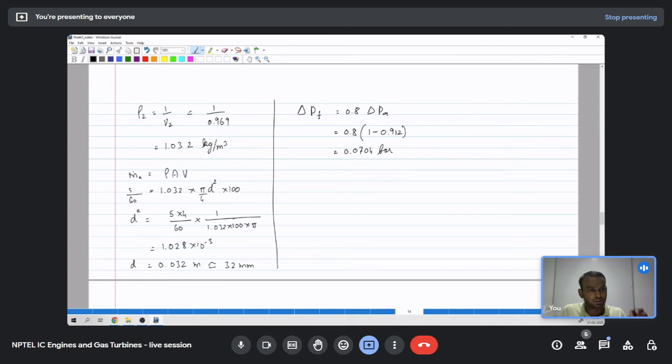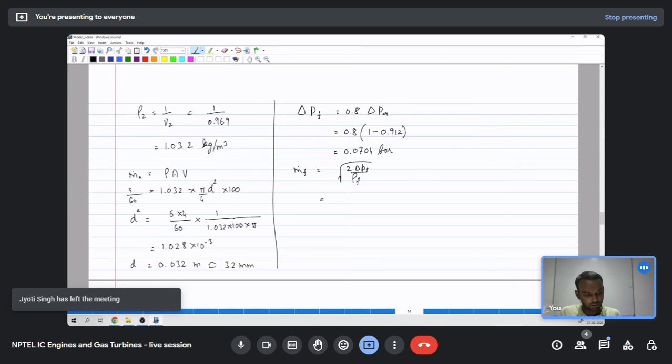Now for the flow rate of fuel m dot f, we have under root 2 delta p by rho f. Sorry, I think this will be the velocity of the fuel. Yes, so this is 2 into 0.0704.